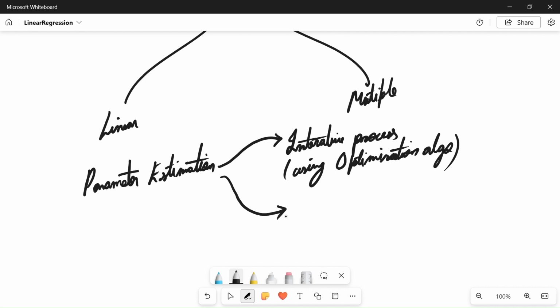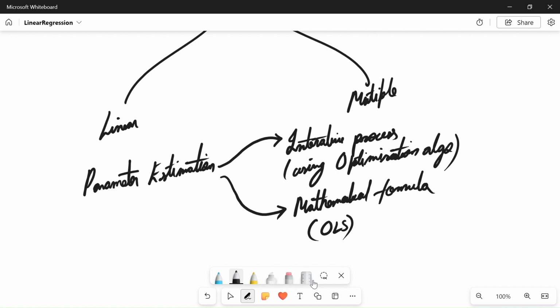Now the second method is using the mathematical formulae, and here comes our OLS, and OLS stands for ordinary least square. Here we use a mathematical formula to estimate the best fit line, the parameters of the best fit line.